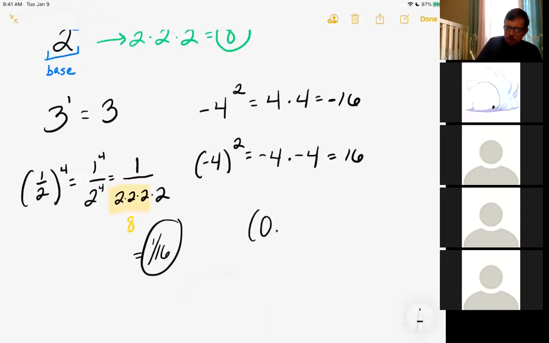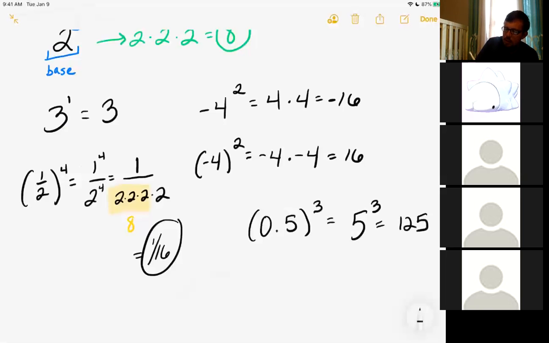Decimals, not too tough. This is 0.5 times 0.5 times 0.5. That's not a difficult thing to do on a calculator, but you could also do 5 to the 3rd power, which is 125.